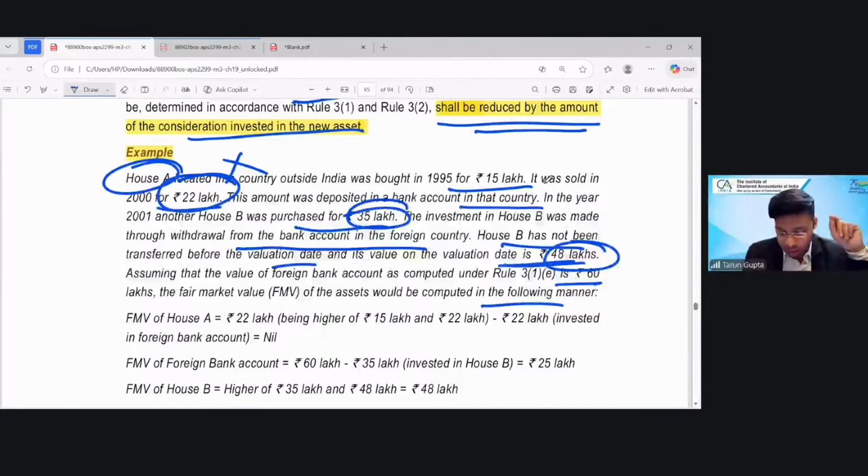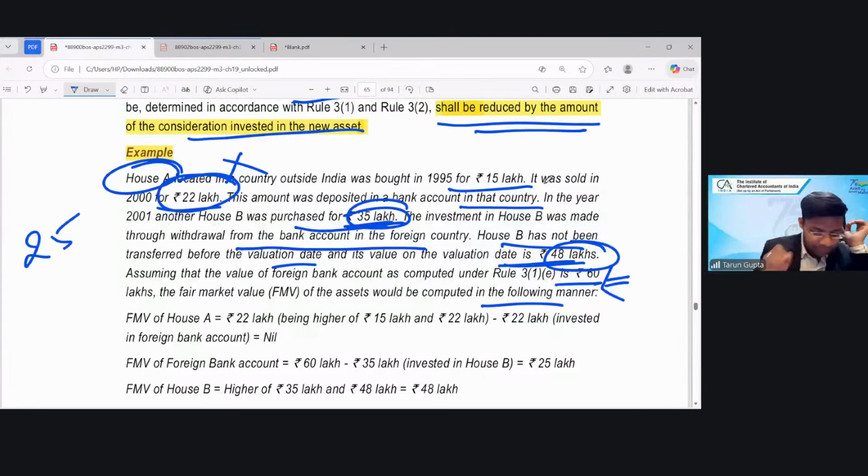The value of the bank account is given as 60 lakh. It means all deposits made in this bank account aggregate to 60 lakh. But if you see, out of this I had also withdrawn 35 lakh, for which I purchased house B. So this 60 lakh shall be reduced by 35 lakh, and the value of the bank account shall only be 60 minus 35, 25 lakh.